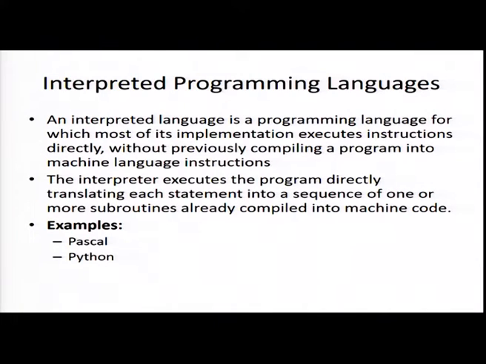The interpreter executes the program directly, translating each statement into a sequence of one or more subroutines already compiled into machine code. An example of an interpreted programming language is Pascal.